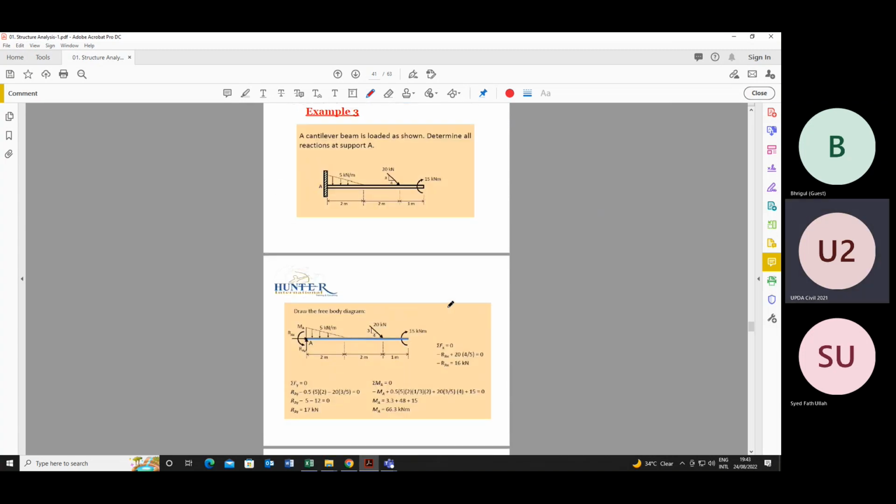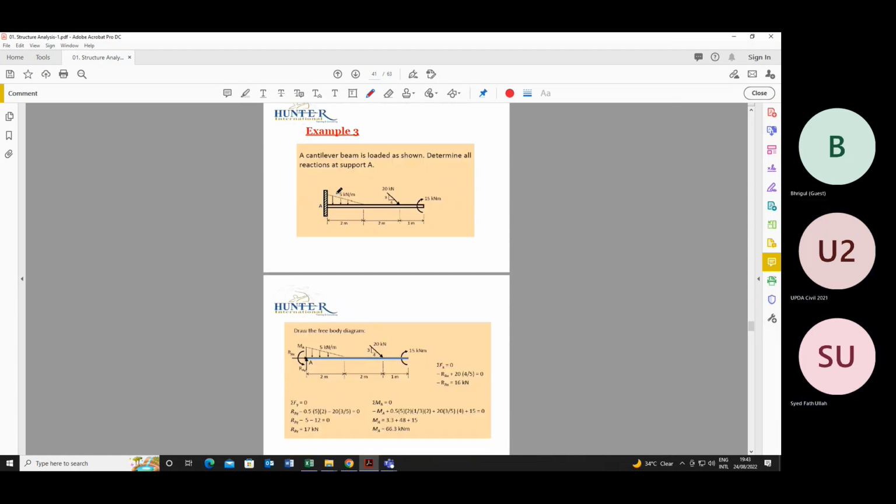So let's see example number 3. Here we have a fixed support. Cantilever beam is loaded as shown. Determine all the reactions at support A. So A support is a fixed support.